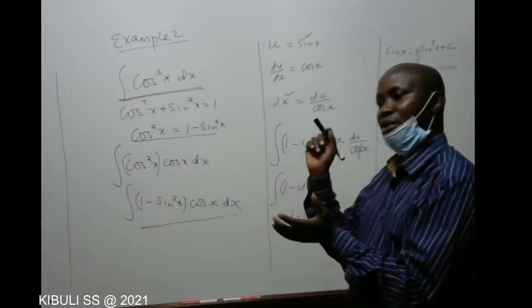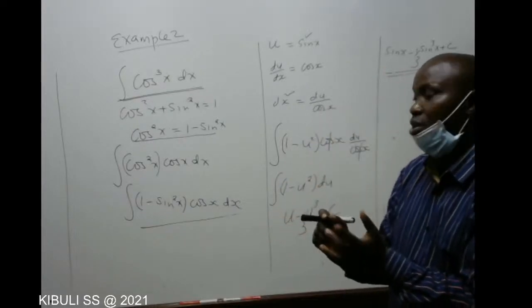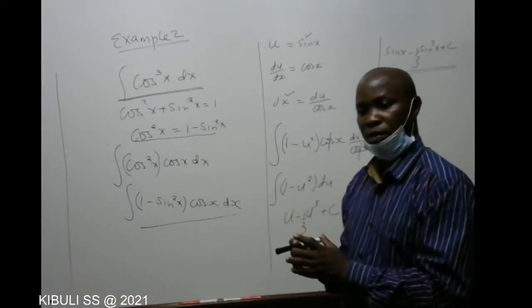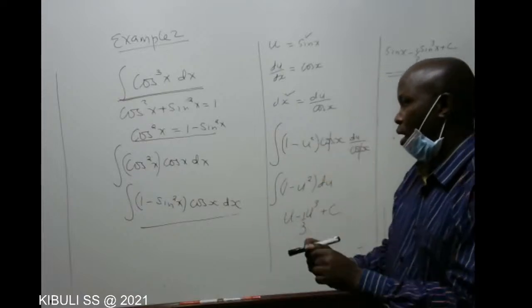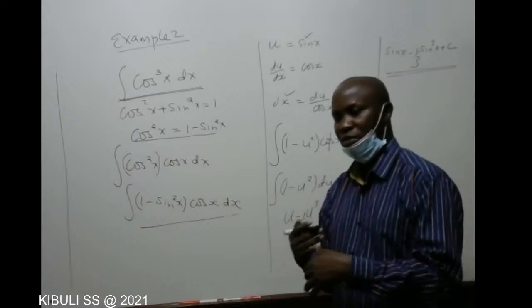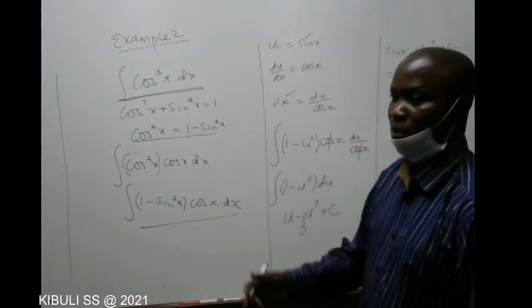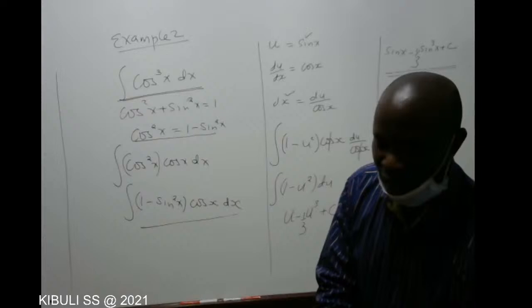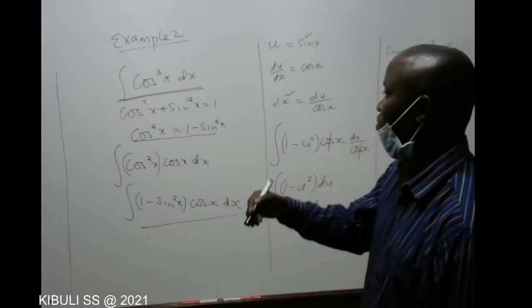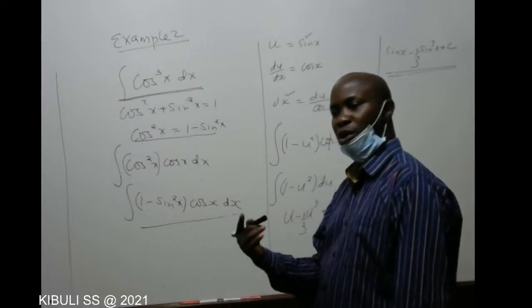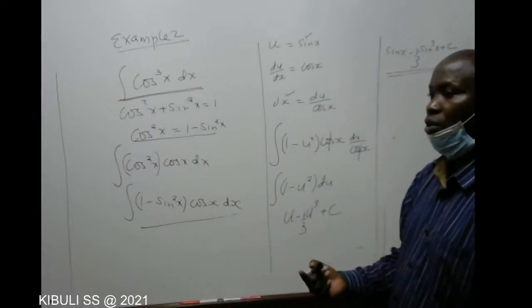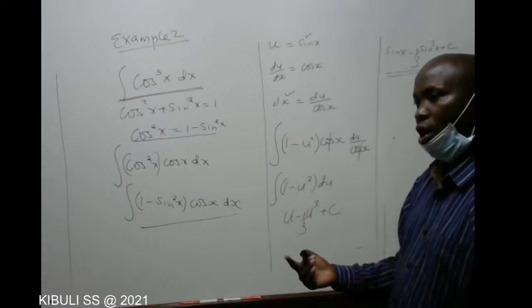Therefore, we address that question using the same principle. So long as you are integrating an odd power, the principle is very simple. We use Pythagoras theorem, and since power 5 is an odd power, we are going to employ the same principle.